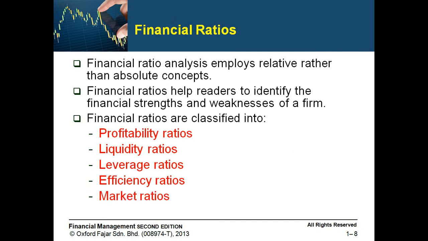Lastly, the market ratios. This ratio is more about the market share price performance. This interest is more for investors as users, because investor interest is in the share price. They want a high value of the share price. They want to increase the share price in future, so they will see the market ratio, whether the share price is good or not.